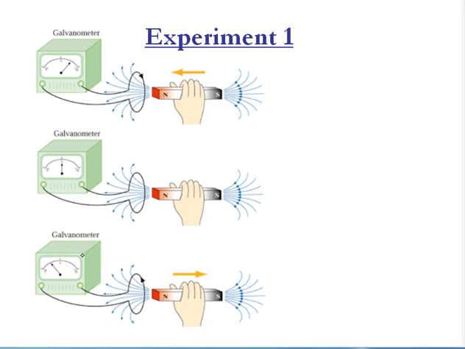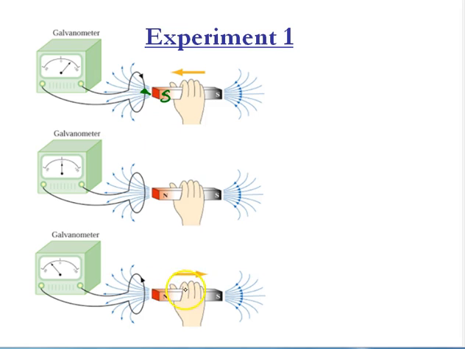These are the galvanometers we used in earlier labs. What's not shown here is, if we reverse this and we were moving the south pole towards the loop instead, the difference would be we'd still induce a current, but it would be in the opposite direction.